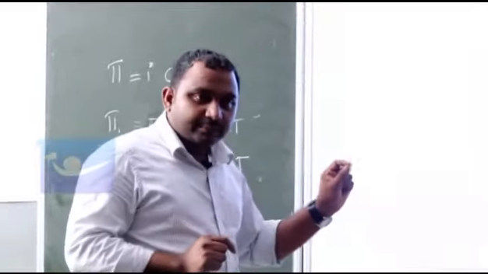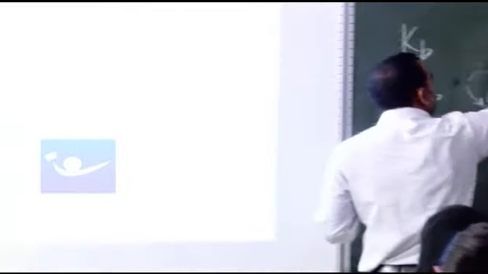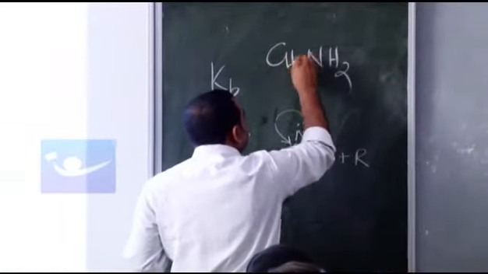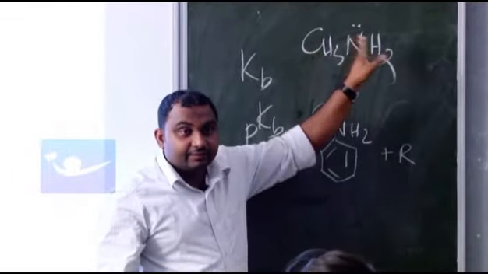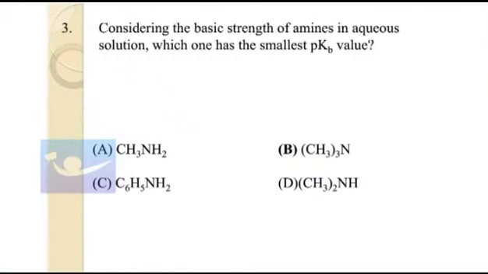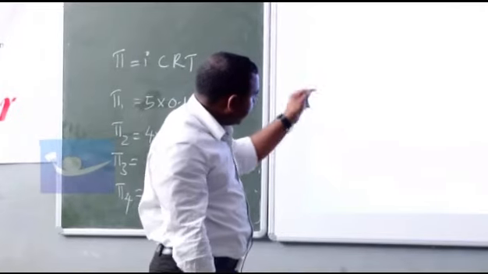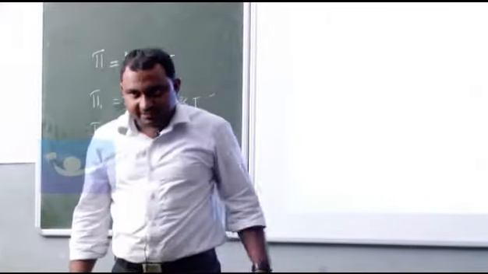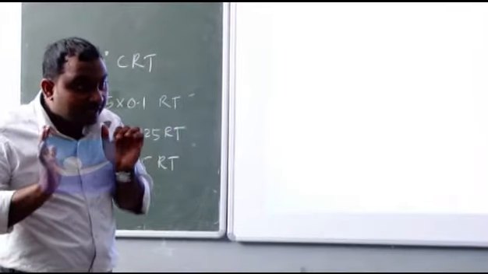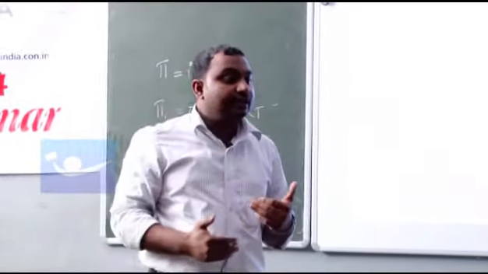So I repeat, the basicity depends on the availability of this pair of electrons. In CH3NH2, this pair of electrons is available because the CH3 gives a plus I effect. So if you take (CH3)3N, CH3NH2 and (CH3)2NH, which one is more basic? If you are taking only the inductive effect, you will find that option B is more basic, right? Because three methyl groups are supplying electrons to nitrogen, and it facilitates donating the electron pair.